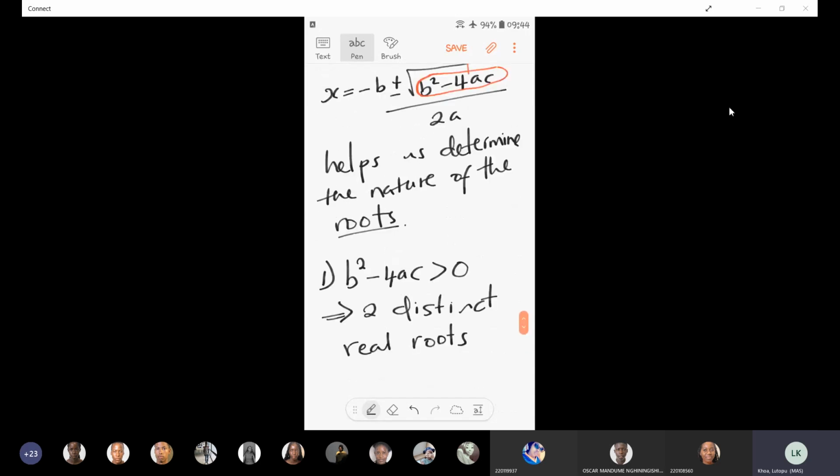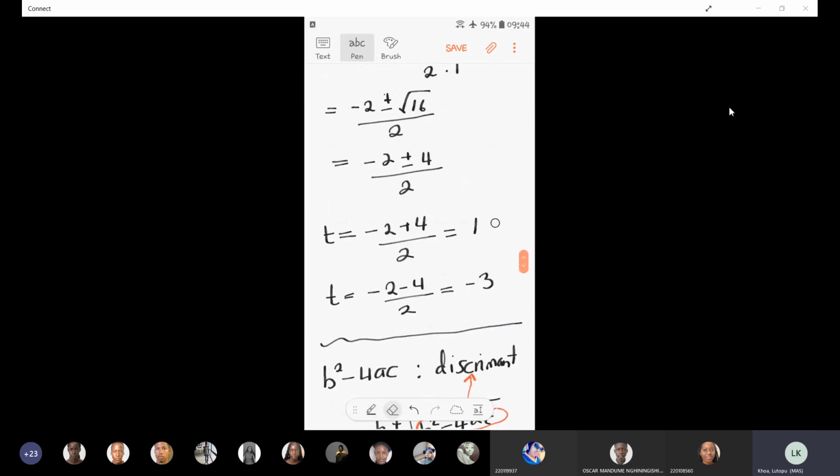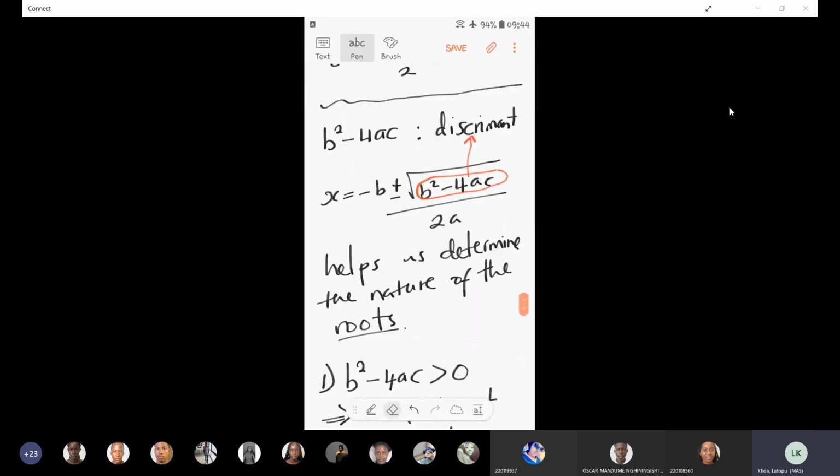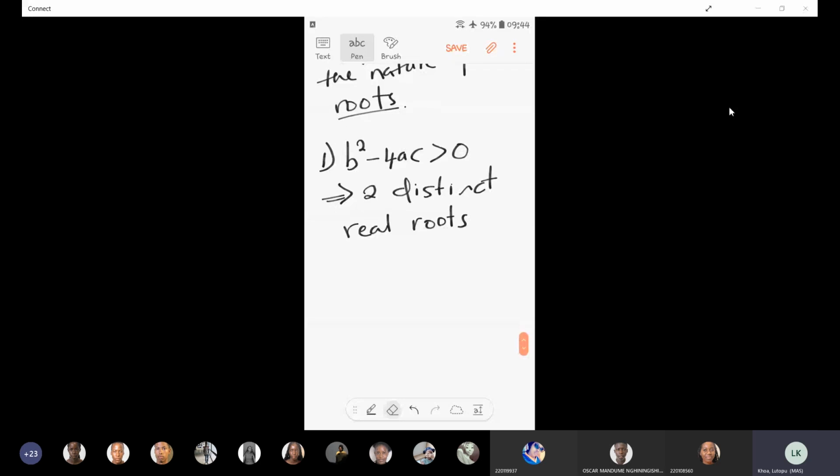For example, here I have two. Distinct means they are different, they're not the same. 1 and minus 3 are not the same. I have two of them, and both of these are real numbers. So that is the first scenario.